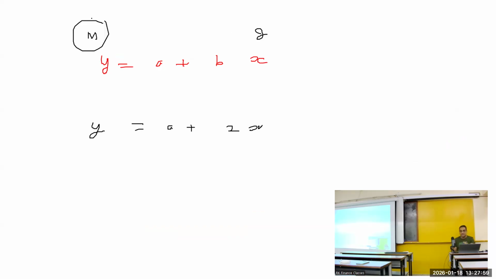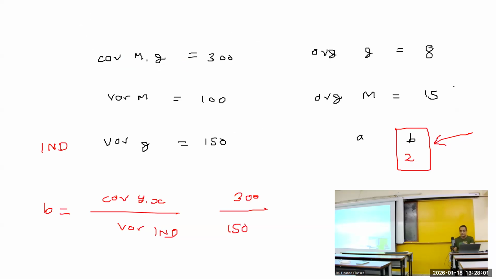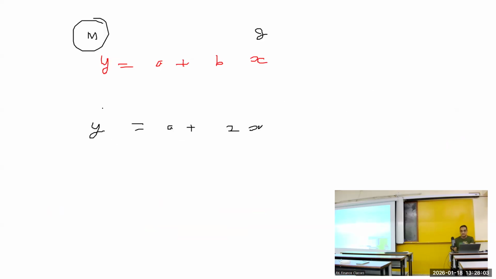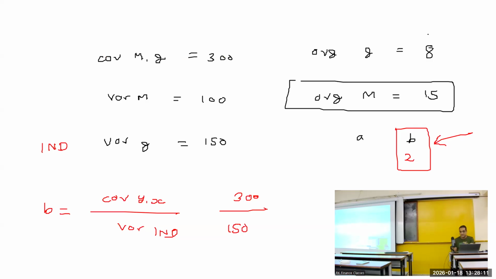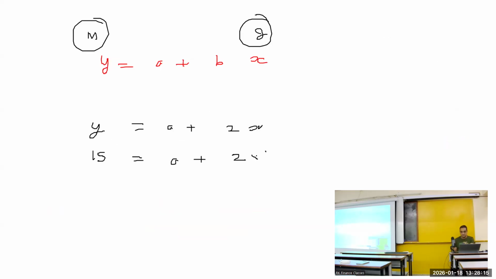Average value of market is 15. Put that 15 over here. It is equal to A plus 2 into the average value of GDP growth rate, 8. So 2 8s are 16, goes on the other side, becomes minus 16. So 15 minus 16, A becomes minus 1.